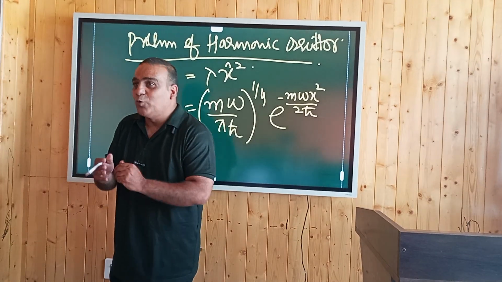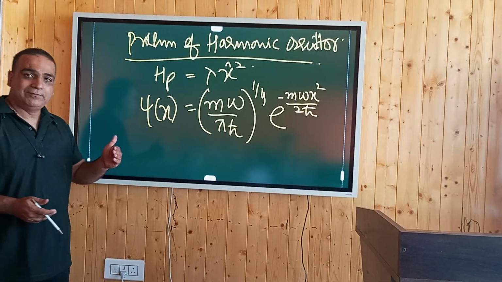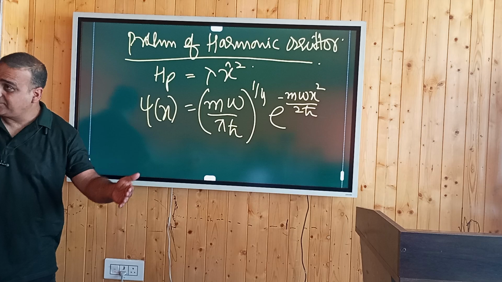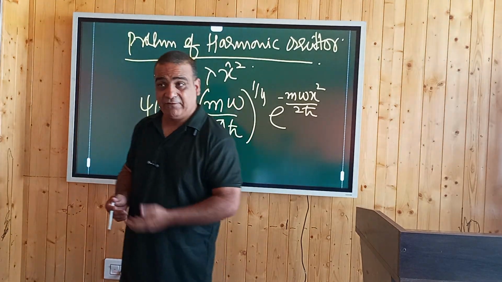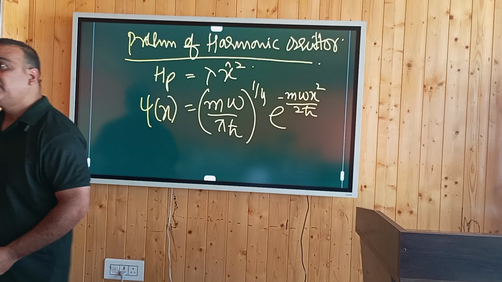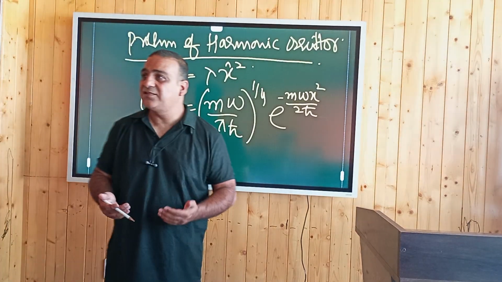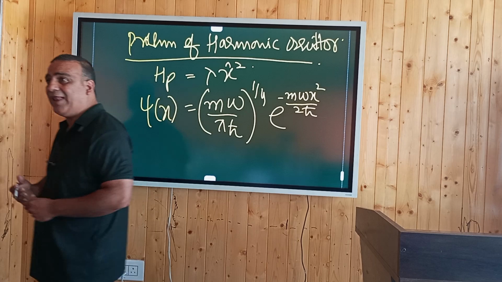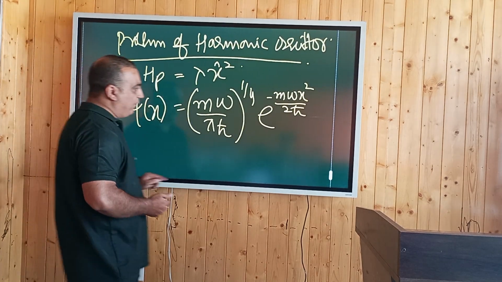Now, what am I supposed to do? I'm supposed to calculate the correction to the energy of this harmonic oscillator. That's my job. And for that, I have to calculate the matrix element. Or in this case, I can choose the way of expectation value. Now the point is, how do you calculate that?